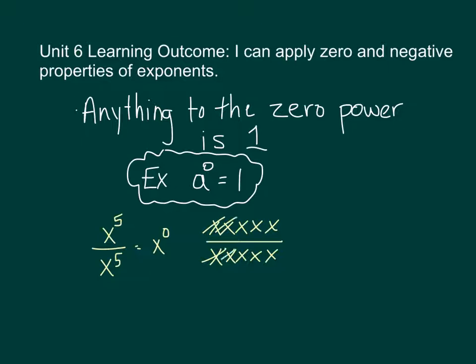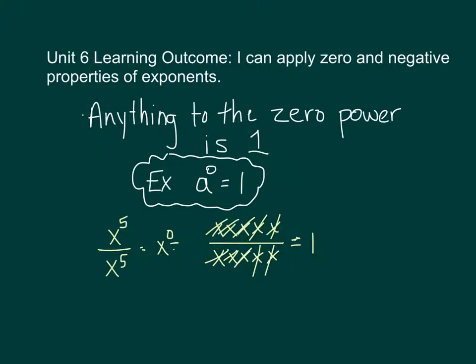And that makes 1. Together, those make 1. Those make 1. And that makes 1. What is left? Well, that's not 0 that's left. There's all those 1's being multiplied, and that's 1. So we get x to the 0, which is 1.